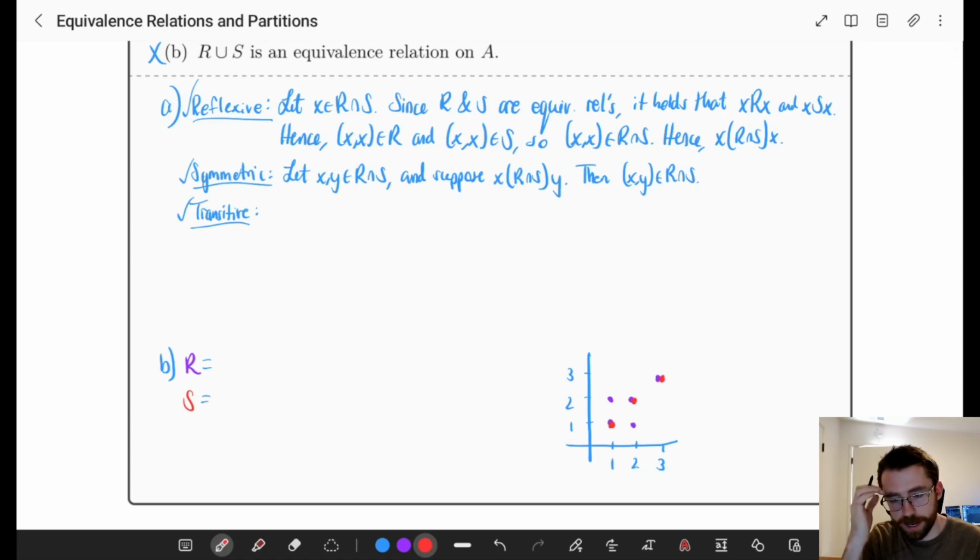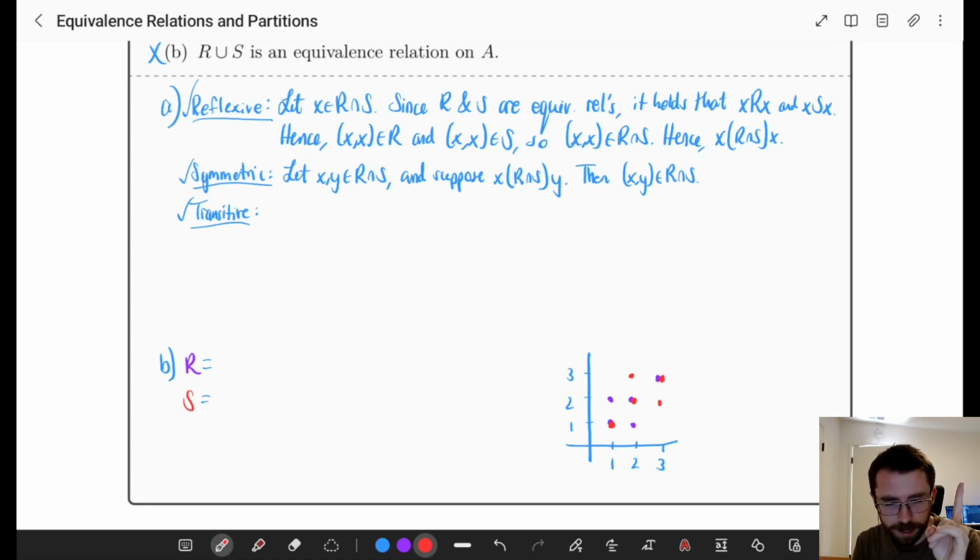Still not good enough, right? If I take the union of purple and red, I just get purple, and purple is an equivalence relation. I want to break the equivalence relation when I take the union. Maybe I do something similar to red. Maybe I toss a couple points on here. That guarantees symmetry. You can sort of check, it takes a while, but you can check these are also transitive.